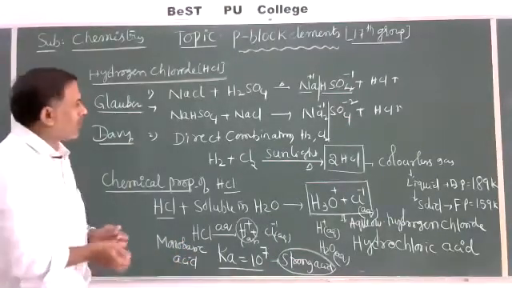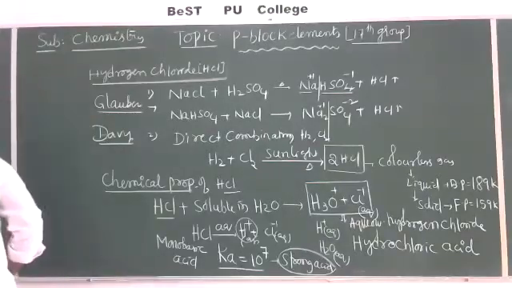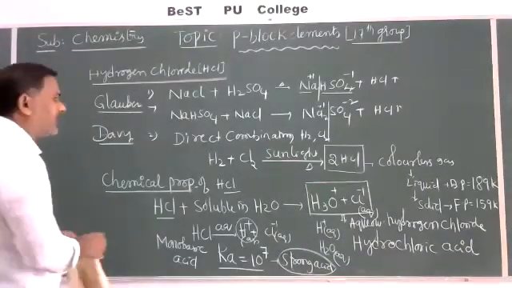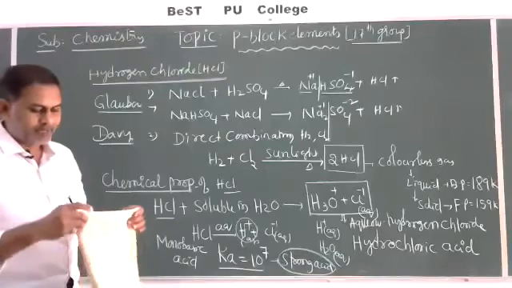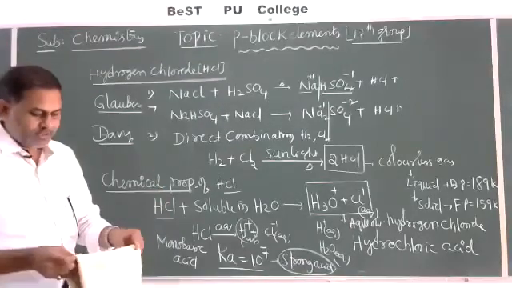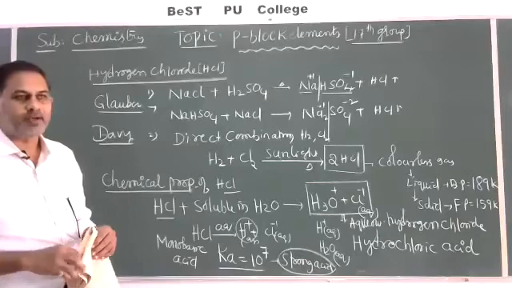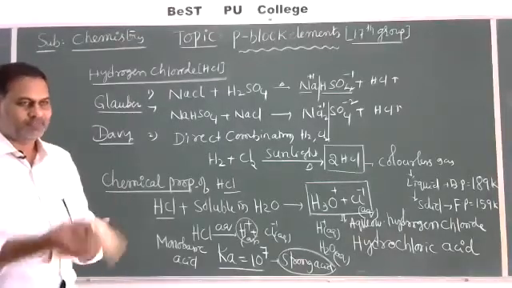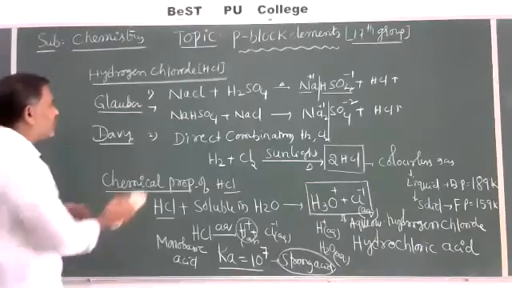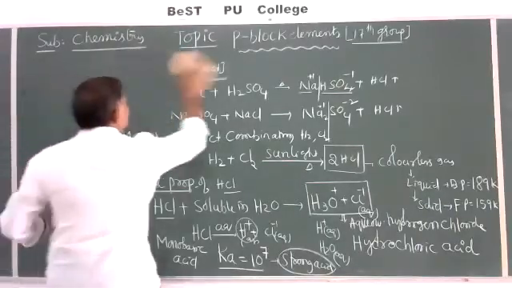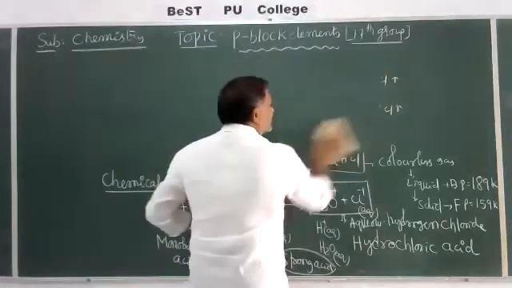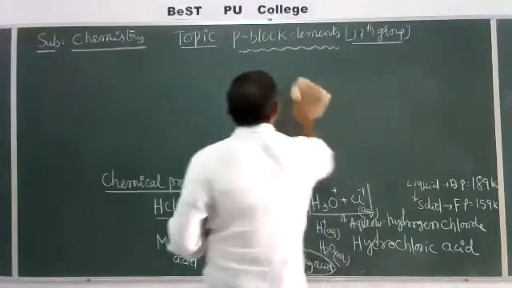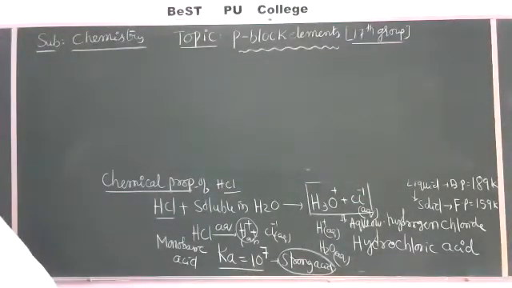Now the next property of hydrochloric acid is that it reacts with ammonia. This is a very important reaction. It was already asked in the IIT JEE examination as a simple question. When hydrochloric acid reacts with ammonia gas, it forms the corresponding salt of ammonia, ammonium chloride.